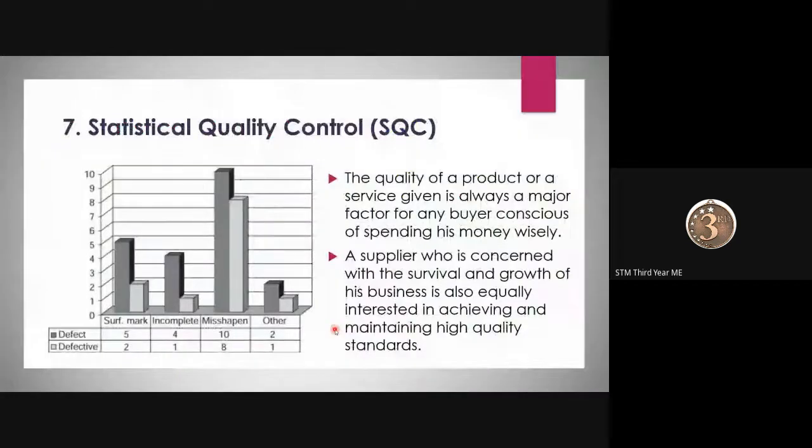Next is statistical quality control. Quality in the sense is nothing but that the product has to satisfy the function that is already stated by the company or stated by the customer, and that is set as the objective in the company.